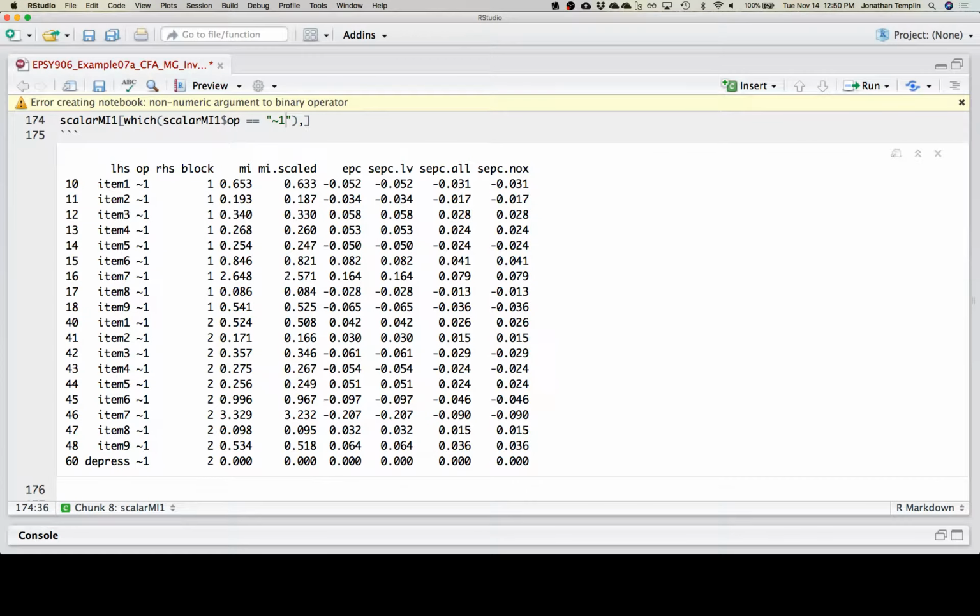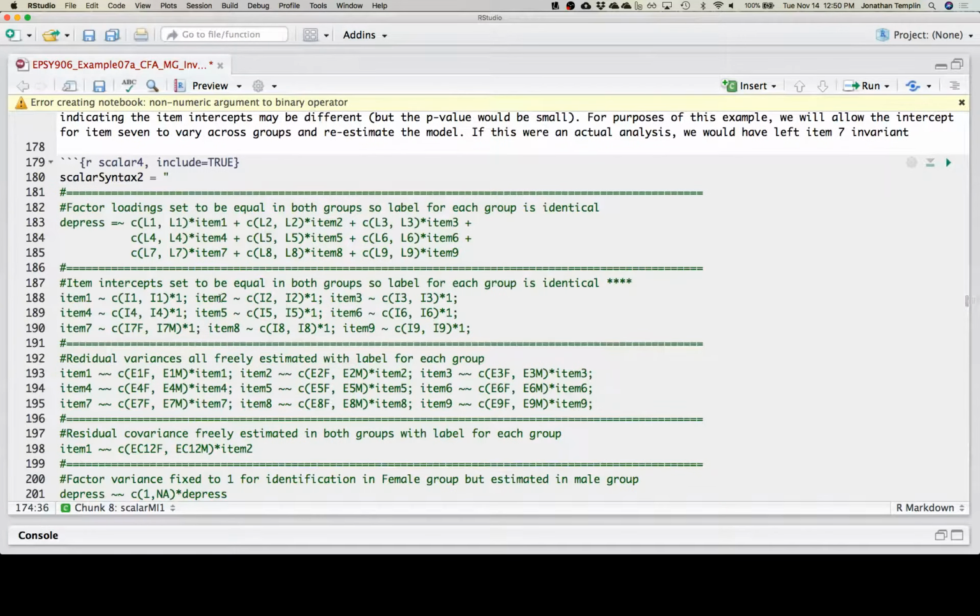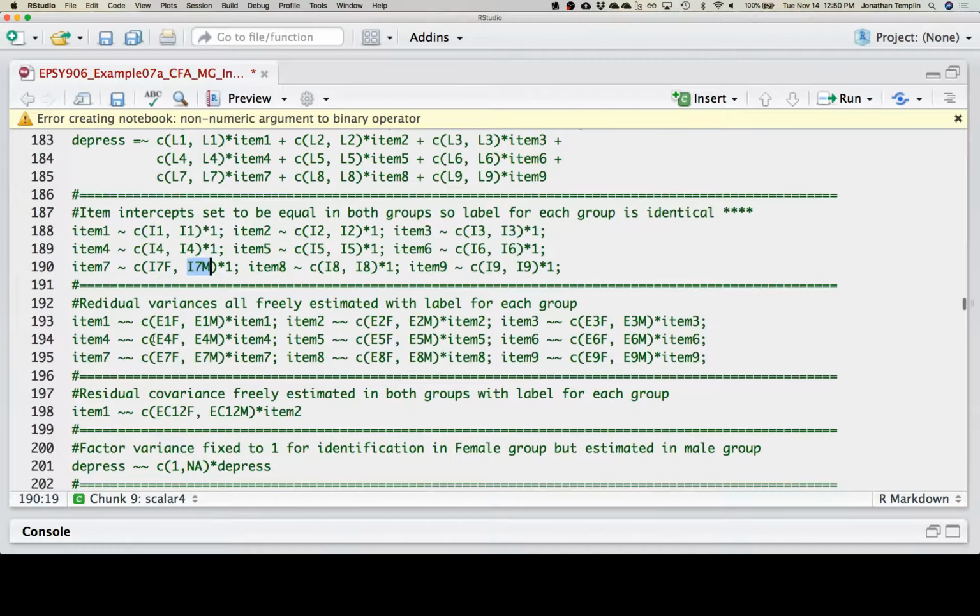Now, once again, to be clear, with this result, with the p-value being very high, I would not do this normally. I'm just doing this to demonstrate what happens when the model starts to break. So how I fix that is I go to the offending item here, item 7, and I just change the label so that they're different across groups. The label before was just like the label you see above it.